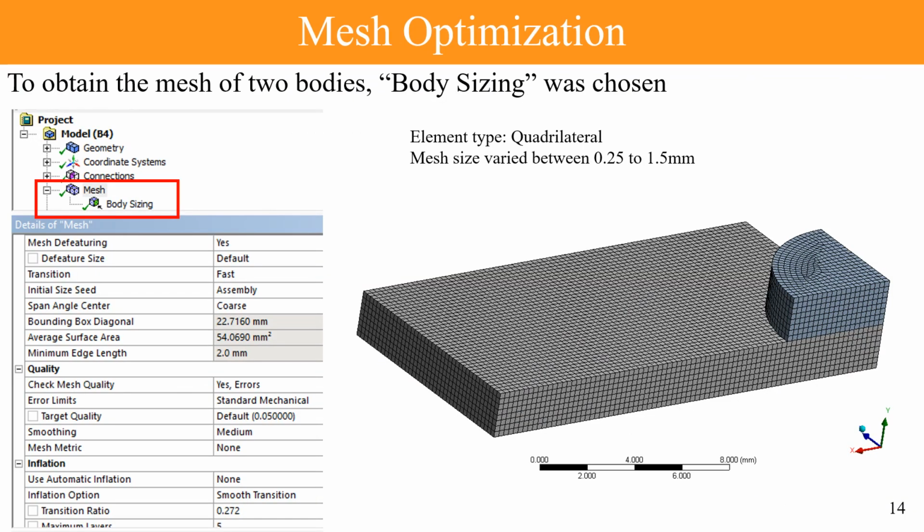And to do the mesh optimization, or the meshing of this entire setup, I did the body sizing. So in body sizing, basically I choose both bodies, and then I put the size from 0.25 to 1.5. Basically I did opposite.